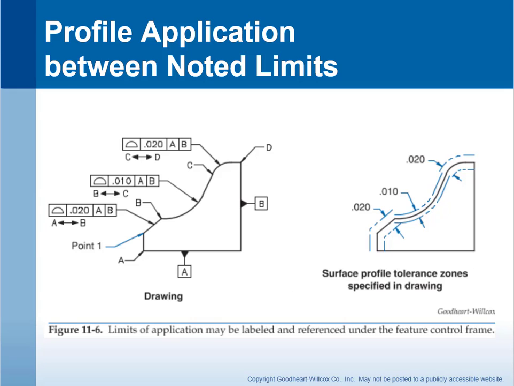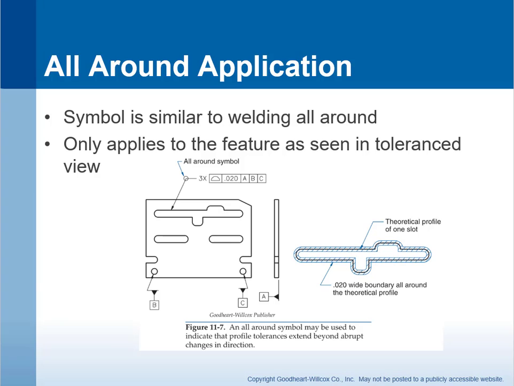And here's how we would do an all-around profile. We would use the all-around symbol on the leader that we use to put the feature control frame out there. Now what does that mean? We have this profile defined, and then we have a 20 thousandths wide boundary all around that theoretical profile within which the boundary of the profile shall fit.